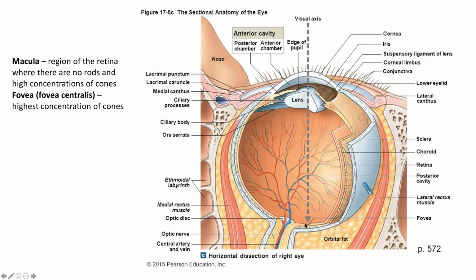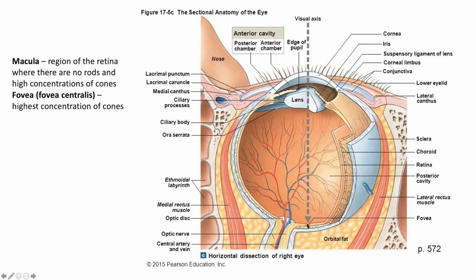The macula is the region of the retina where there are no rods, but there's a high concentration of cones. And the fovea is the highest concentration. So we have the macula, which is a broader area where there are just cones, and then the highest concentration is one little spot, which is the fovea.